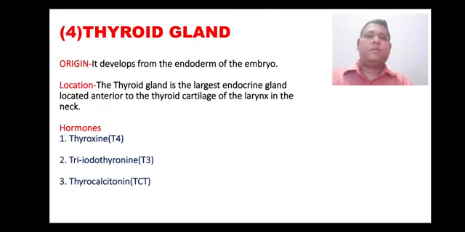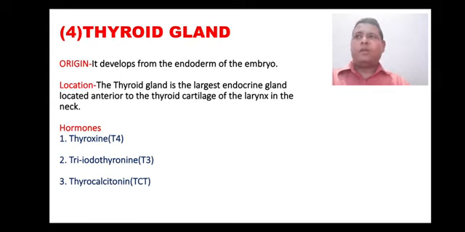Next endocrine gland is the thyroid gland. The thyroid gland develops from the endoderm of the embryo. Location: the thyroid gland is the largest endocrine gland and is located anterior to the thyroid cartilage of the larynx in the neck. Hormones of the thyroid gland. The thyroid gland secretes different kinds of hormones.